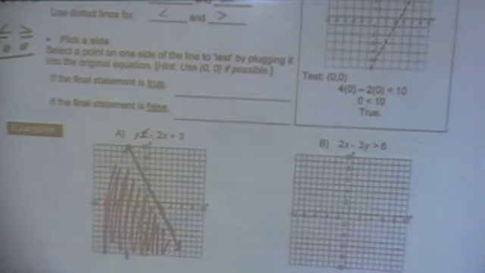Alright, now we've got to do some math, because B is not in slope-intercept form. So put it in slope-intercept form real quick.